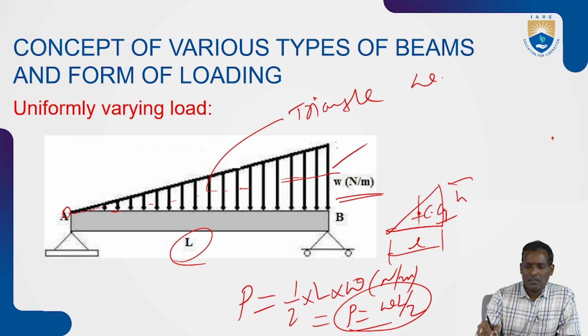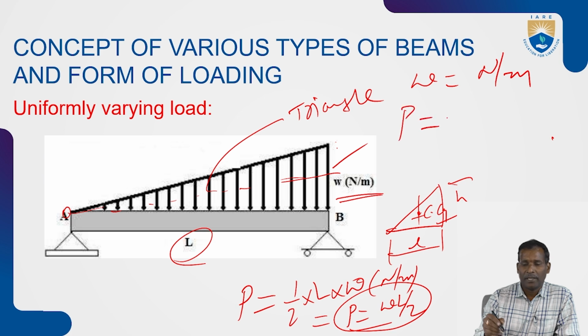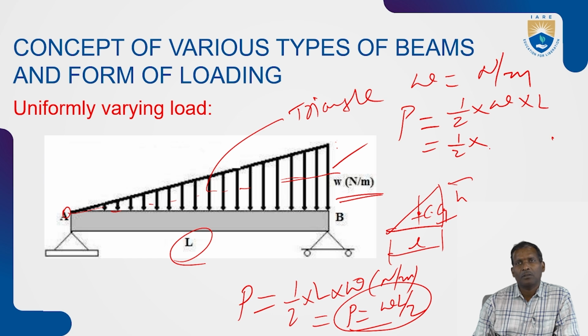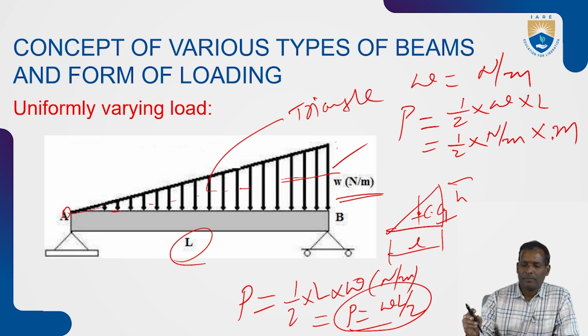The distributed load units are Newton per meter. While calculating the total load, W is multiplied with L. What are the units of W? Newton per meter, the rate of load per meter, multiplied with the beam length in meters.